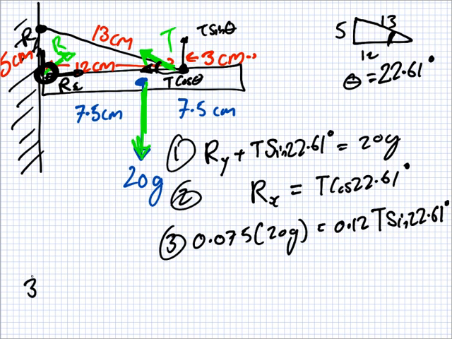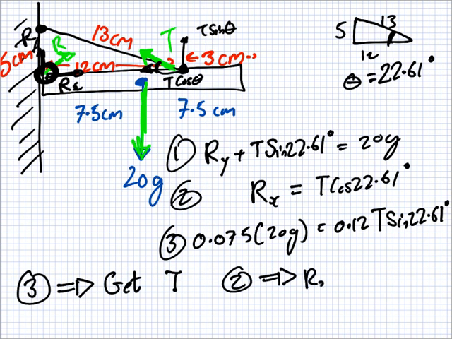Right, what can equation 3 give me? I can get T, can't I? Now, if I know T, what can equation 2 give me? Rx, because I already know T. And if I know T and Rx, what can equation 1 give me? It can give me Ry.